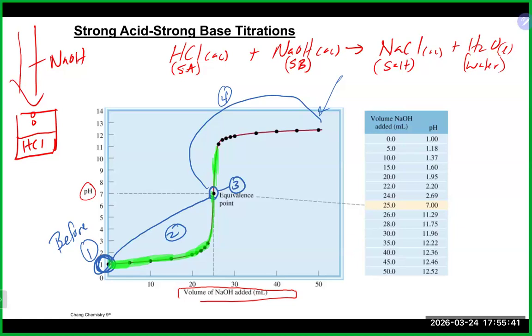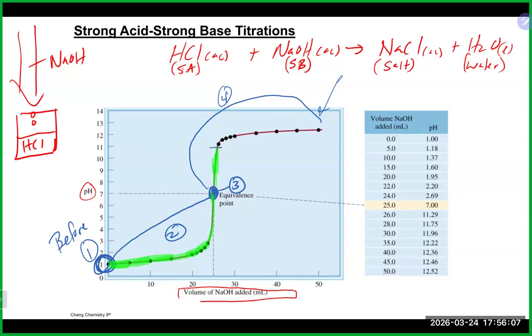And this is really the reason why people say that one sentence of, I added 1 drop and it went from colorless to super dark pink. And that is because my equivalence point is sitting here. And maybe you missed it by a drop, or maybe you went 2 drops too far.